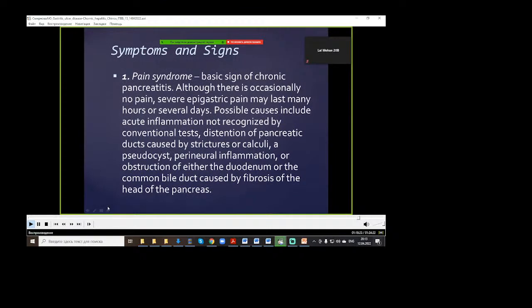Symptoms. The first and the main symptom is pain. Although there is occasionally no pain, severe epigastric pain may last many hours or several days.